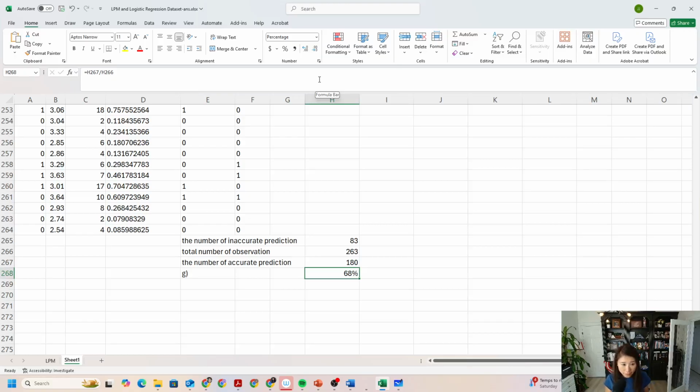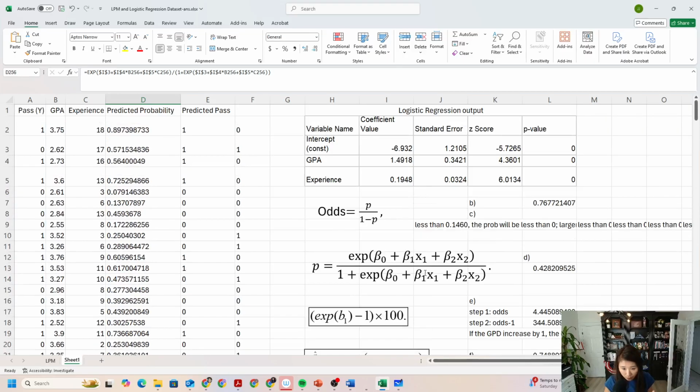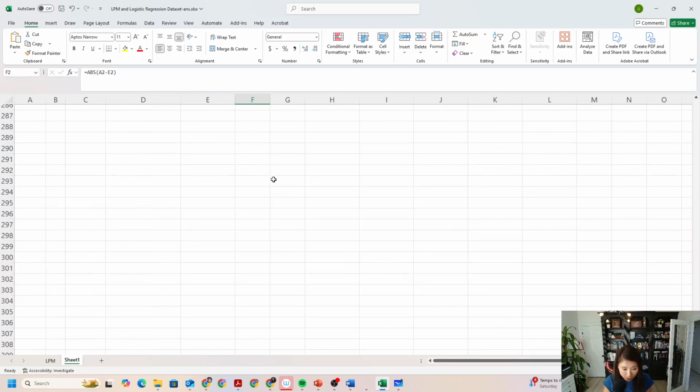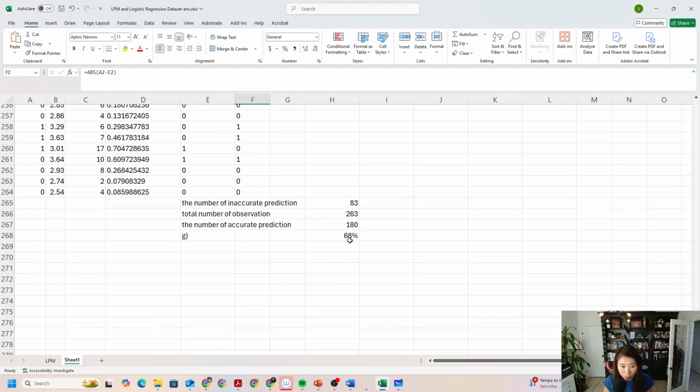So the key here is, first of all, you need to know how to get the predicted probability by plugging in the logistic regression model itself, which gives us a probability. Second, you need to know how to define what's 1 versus 0. Third is to figure out the number of accurately predicted values, and divide that by your sample size, or number of observations, to give you the accuracy rate.